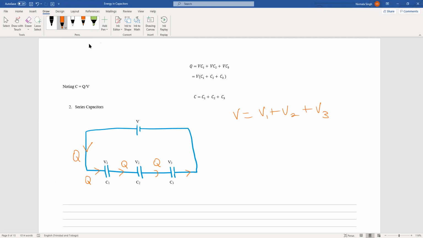So using C is equal to Q over V, let us find a relationship for V. What will V be equal to, you all, from this? Anybody?